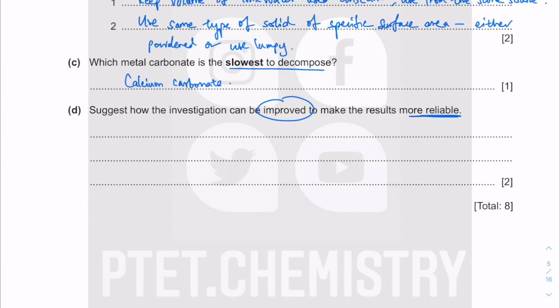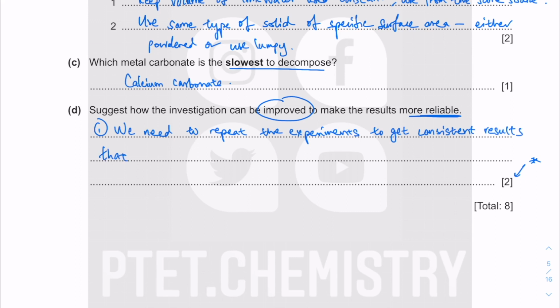Okay, so suggest how it can be improved for 2 marks and 3 lines. So in A-level experimental planning and analysis, we always say we need to repeat the experiment to get consistent results that are close or within each other.